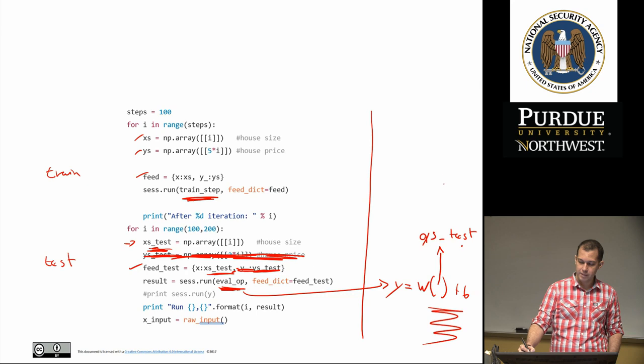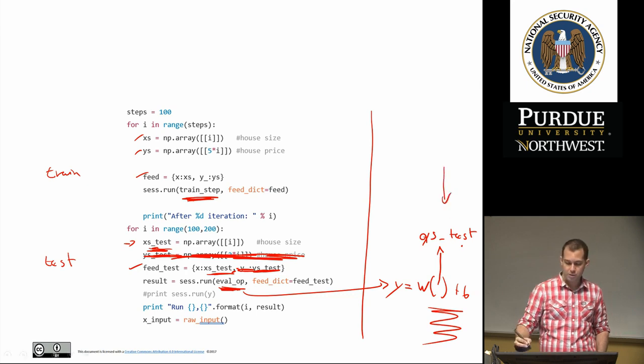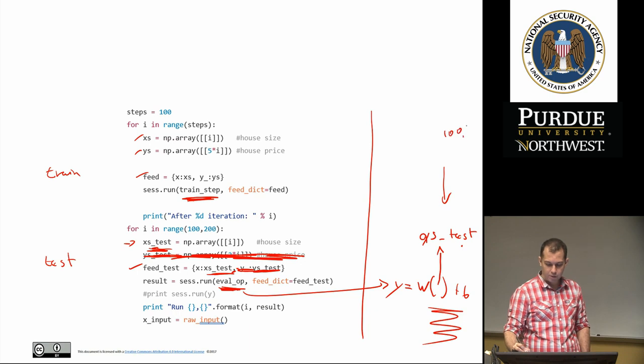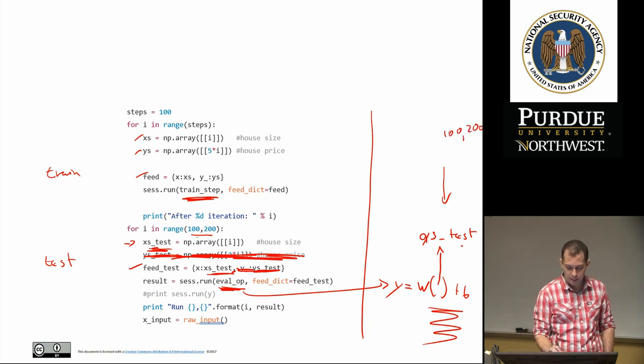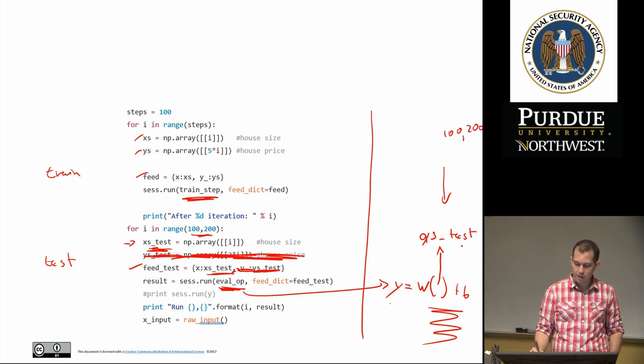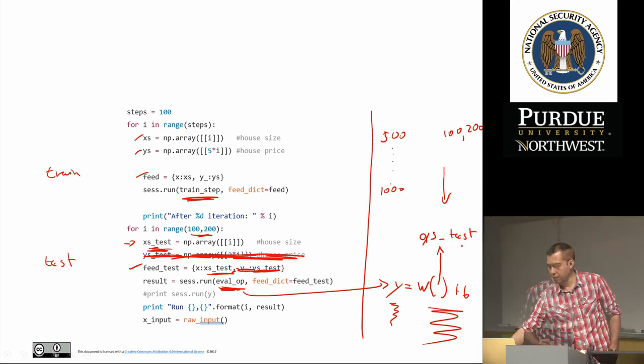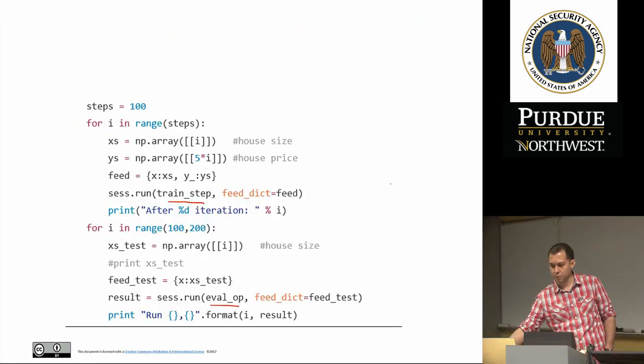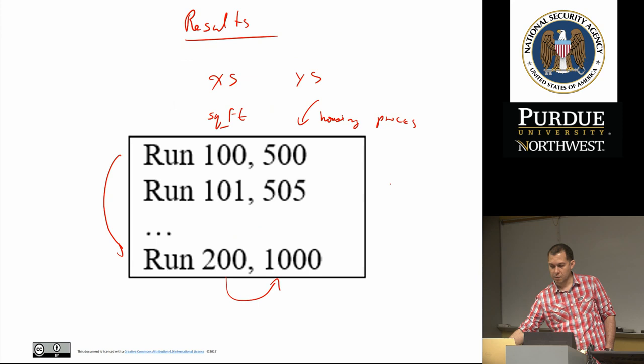So that's equivalent to saying, given these new square footage data from 100 to 200, I'm going to plug it into the equation, and this will predict a new set of y's, a new set of house prices, from 500 to 1,000. And that is the result that we got when we looked at this.